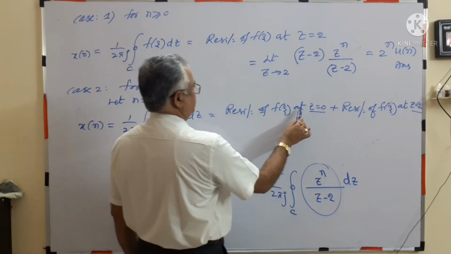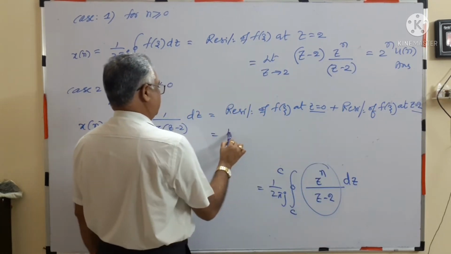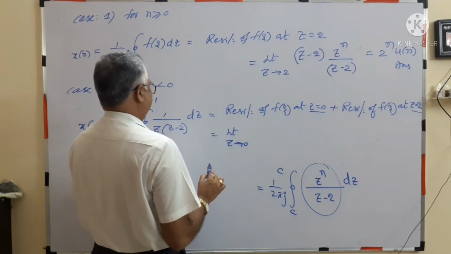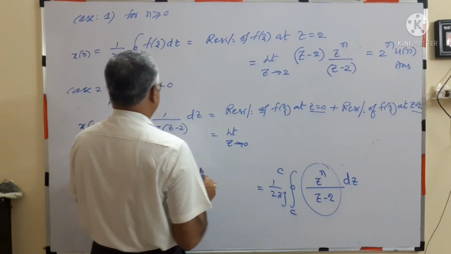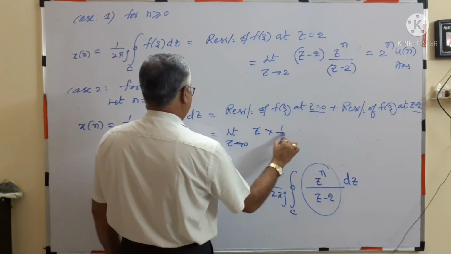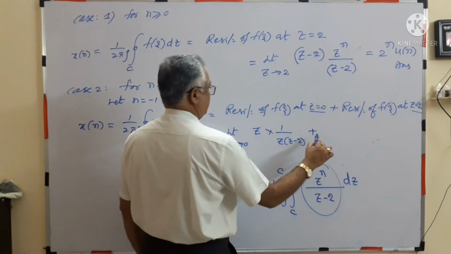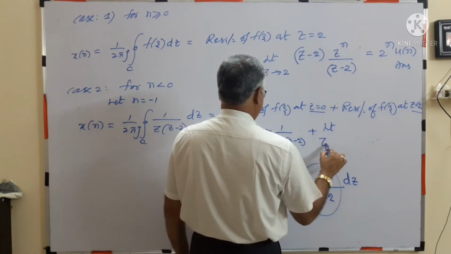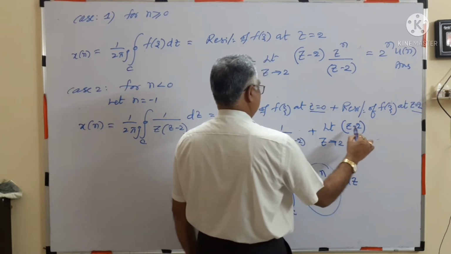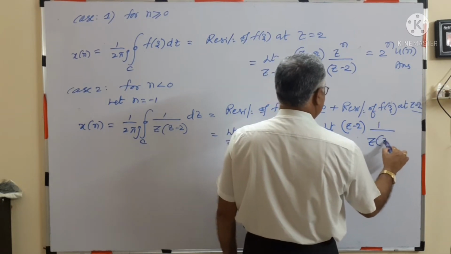This is limit z tends to 0, z into 1 by z into z minus 2, plus limit z tends to 2, z minus 2 into 1 by z into z minus 2.